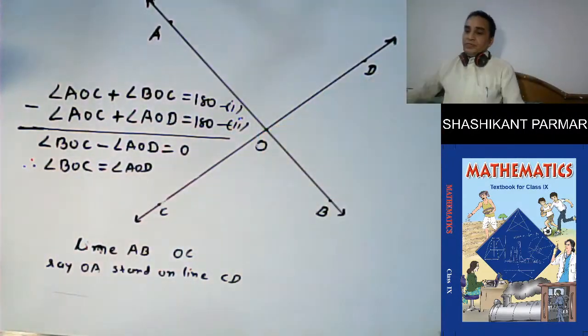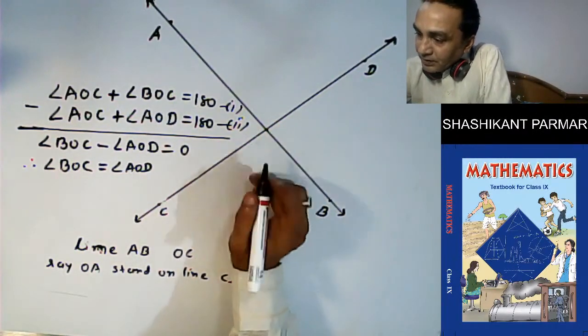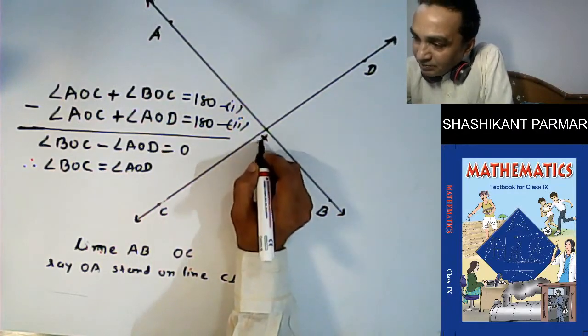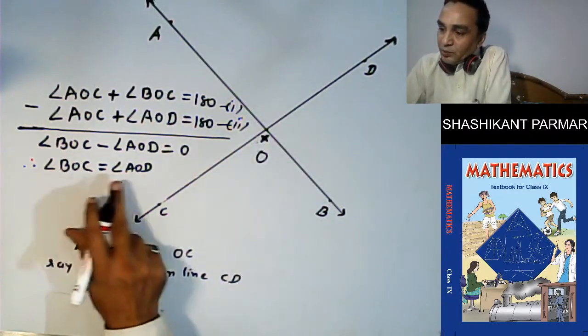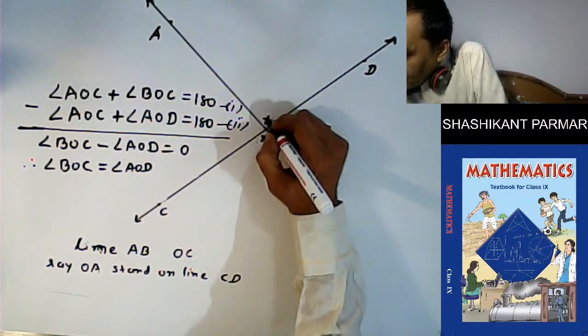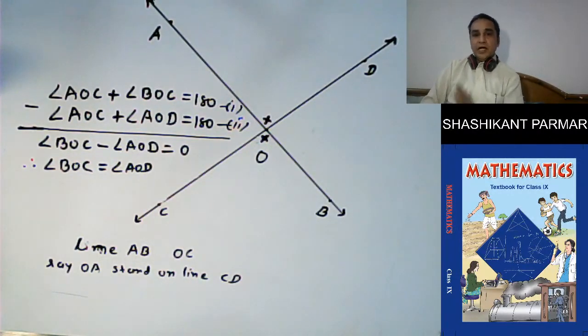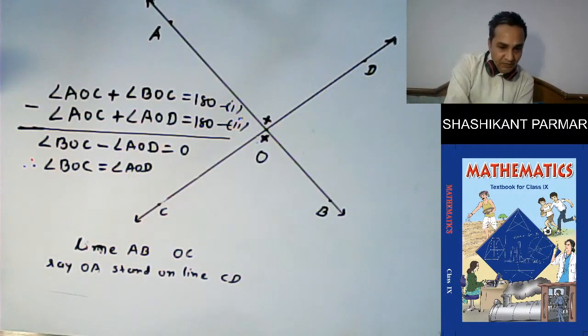Now see here, angle BOC, that means this angle, is equal to angle AOD, this angle. So both are vertically opposite angles, and we have proved that both are equal. I think you understand. If you do not understand, then tell me, I will repeat it.